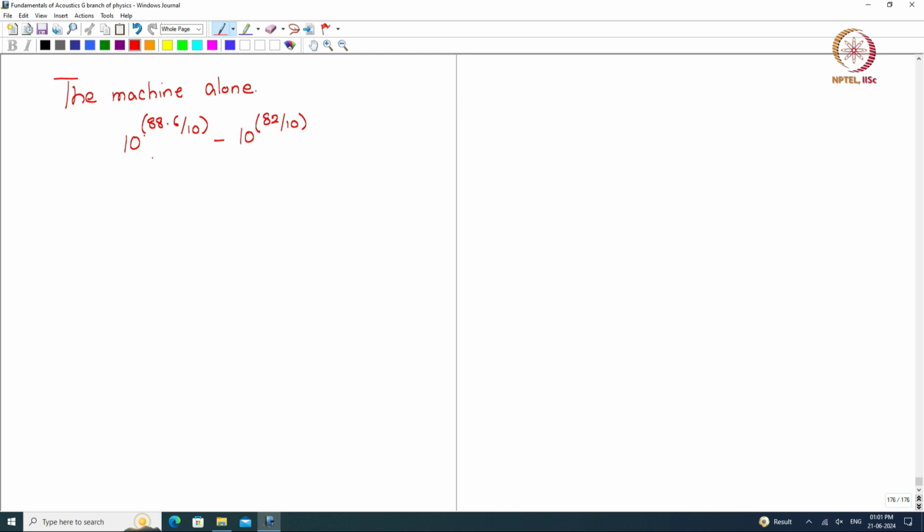This is the raw P square RMS by P square reference. Now you take 10 log to the base 10 and that turns out to be 87.5 dB. This is the machine alone.